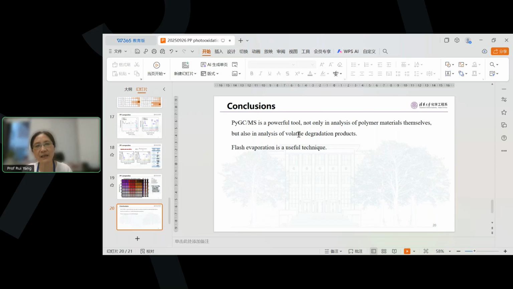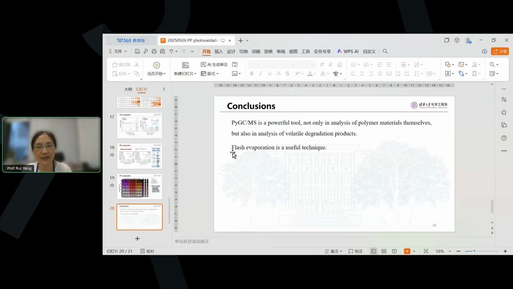Since the volatile degradation products come from the degradation of PP and its blends and composites, the identification of these products is quite helpful for the aging mechanism analysis. And then flash evaporation is a useful technique to detect these volatile degradation products.